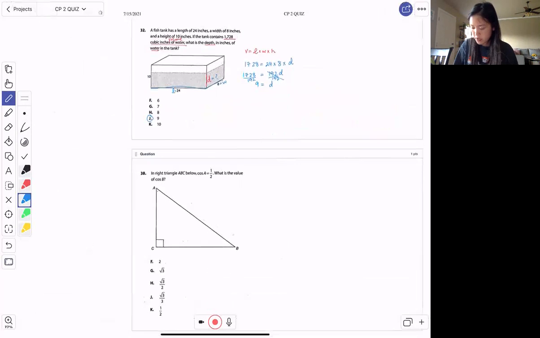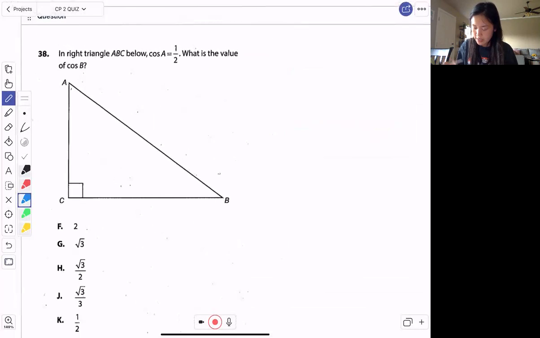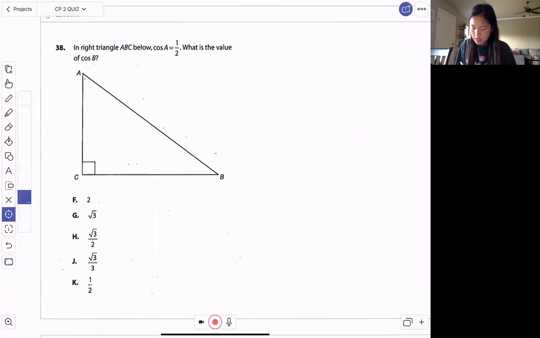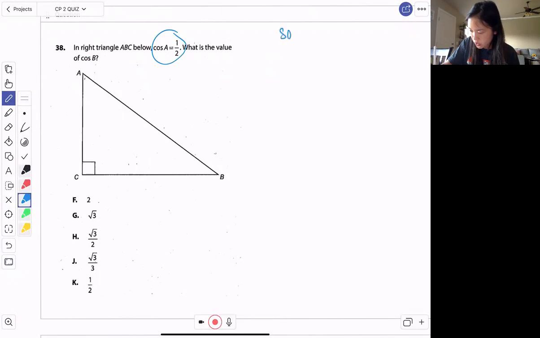All right, moving on to the next one here. So 38 is a geometry problem where you have a right triangle and it wants to know what is cosine of B. So first off, it gives you cosine of A is 1/2. So if you know SOHCAHTOA, cosine is this CAH, which represents cosine is always adjacent over hypotenuse.